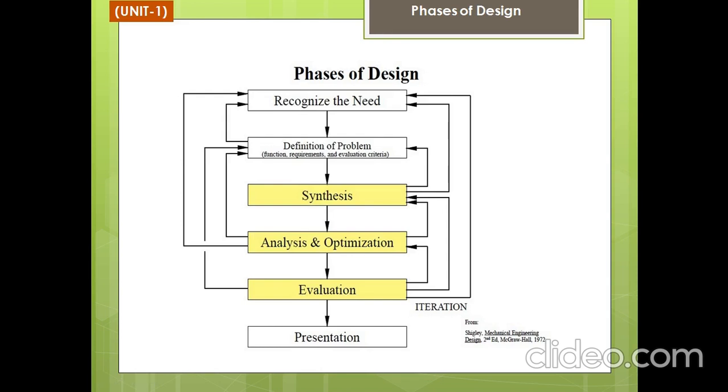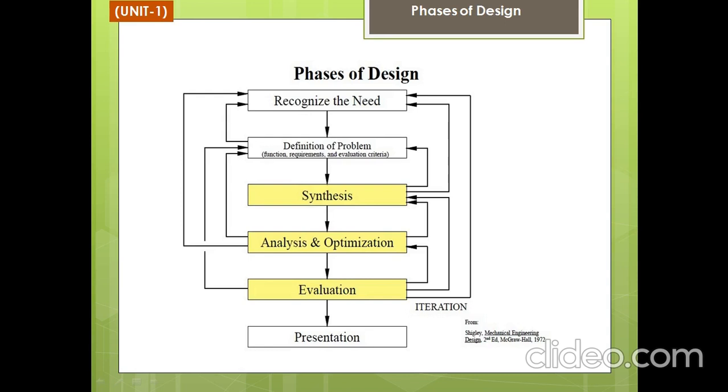Before production, we have to do a trial to check whether the product we have created or imagined is working properly or not. If the product is satisfactory in evaluation, then presentation, means production, can be started.